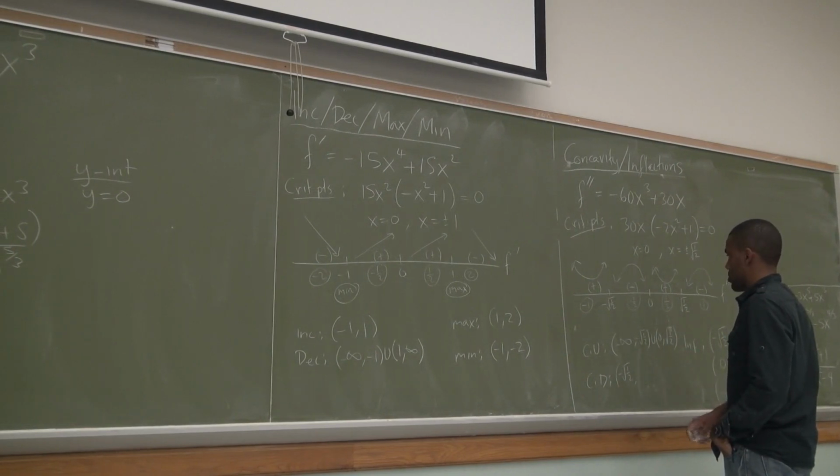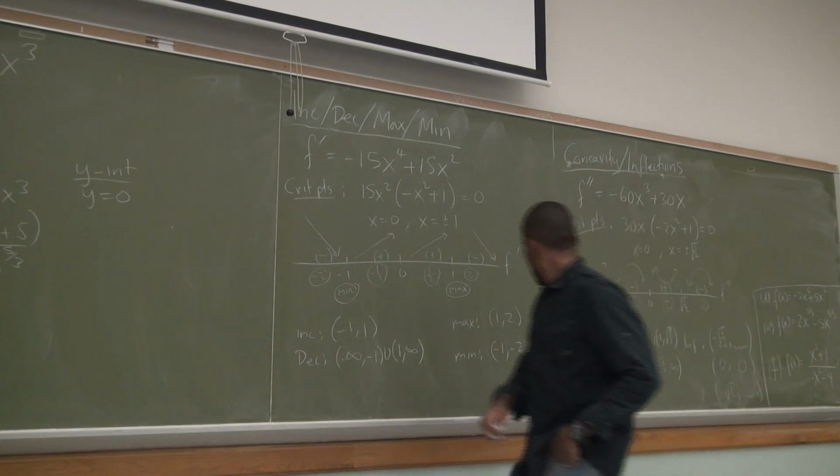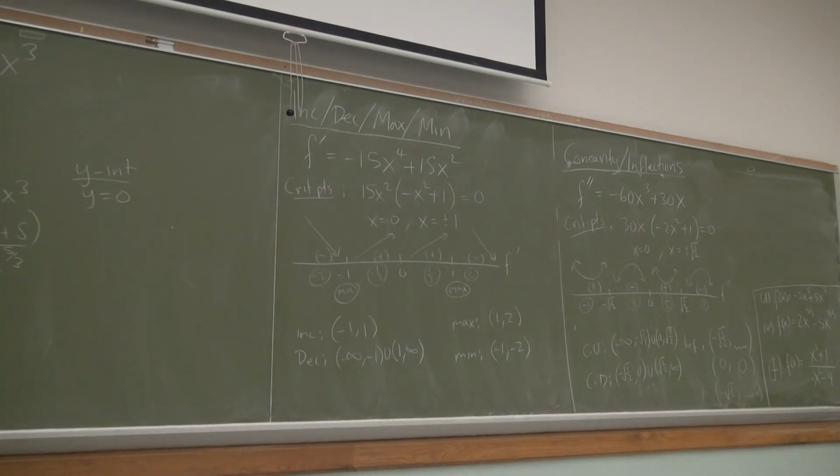Concave down would be this to 0, then concave down again here, union to positive 1 or 2 to positive infinity. See how easy it is to make a mistake? Okay. The graph will look completely different now.